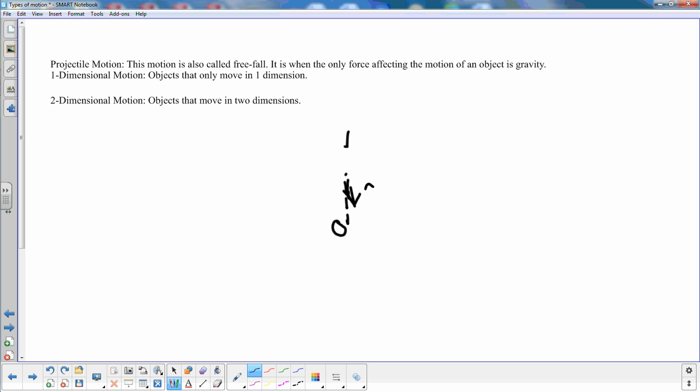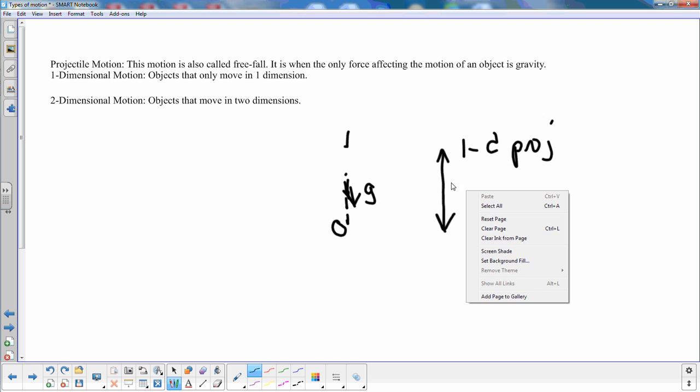One-dimensional projectile motion is when you have an object that is going up or down. Only up or down. So this is one-dimensional projectile motion. And it's accelerated because gravity is causing the ball to slow down as it's going up and speed up as it's coming down.